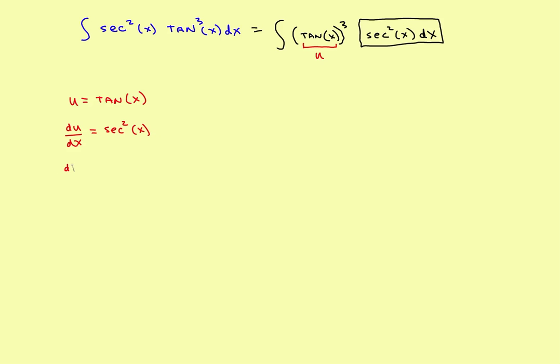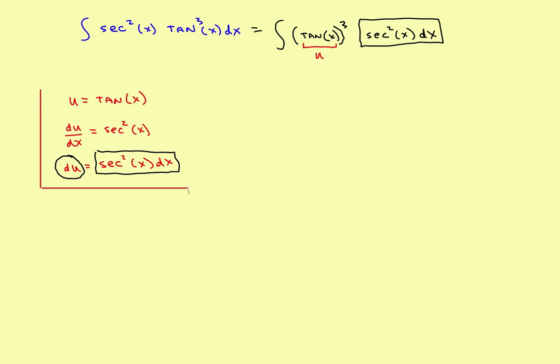That means that the differential of u would be equal to the secant squared of x dx. Now again, I needed a secant squared of x dx, and I've got a secant squared of x dx. So since those two match up, I can trade them out for that right there. So there's my U-substitution. So again, we'll stick this in a little box to isolate it.